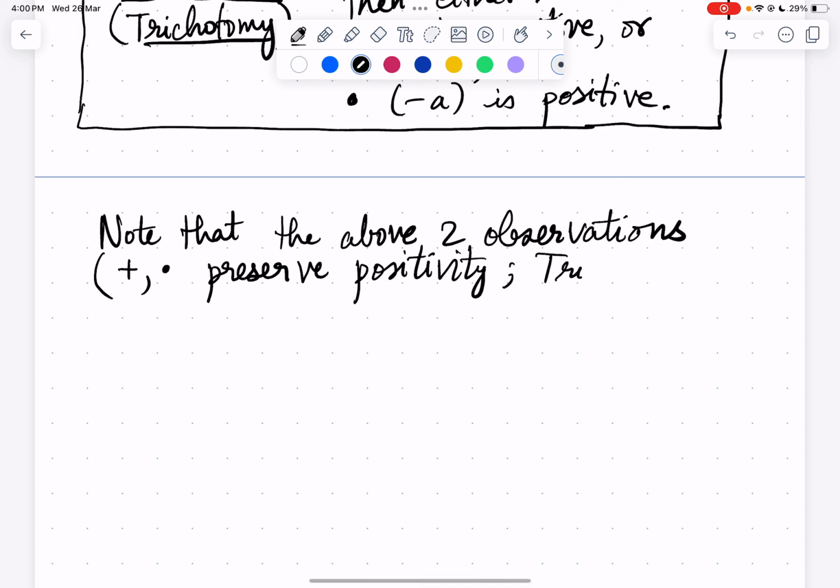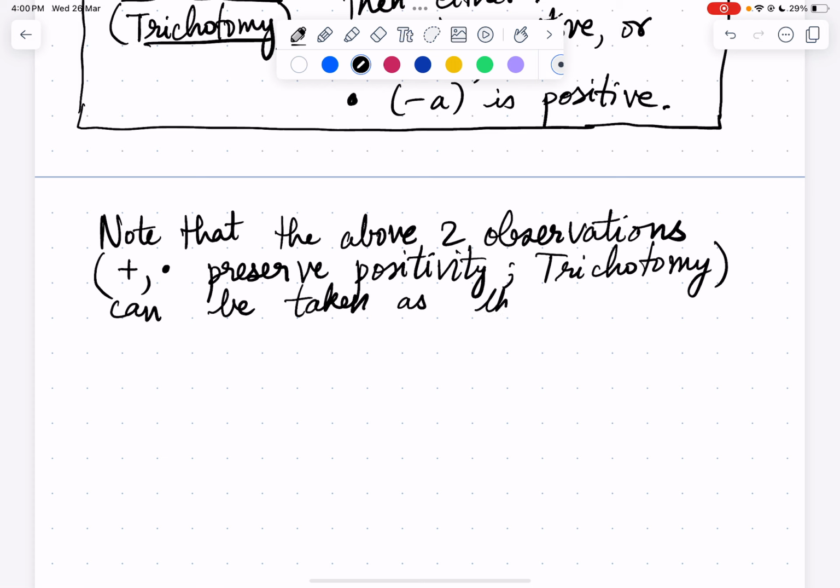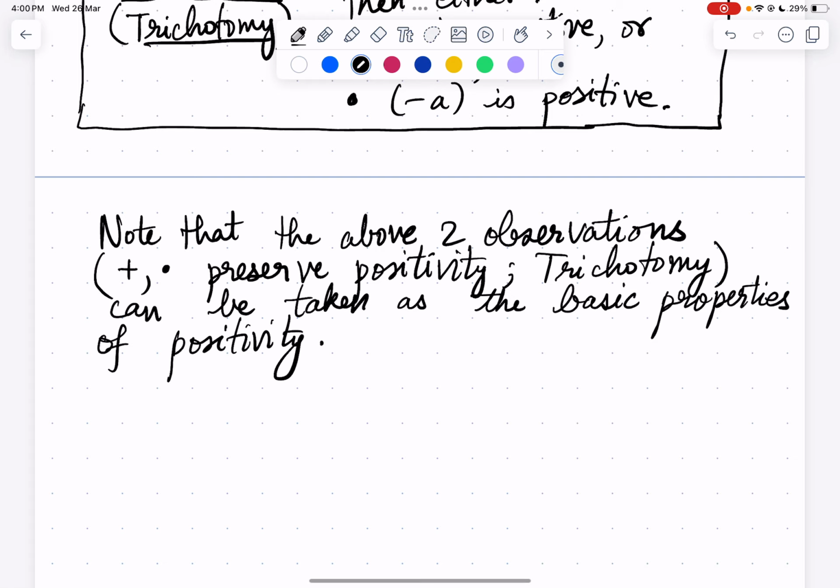Another observation is trichotomy. If A is a real number, then either A is positive or A is 0 or minus A is positive. The above two observations can be taken as the basic properties of positivity.